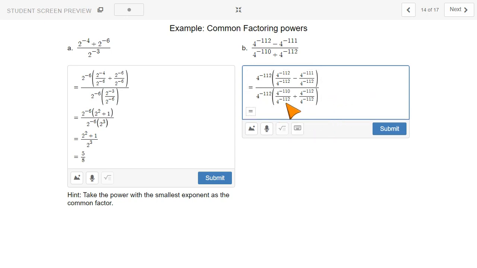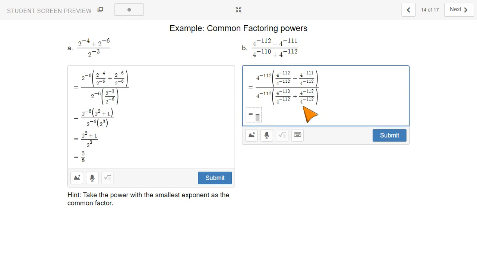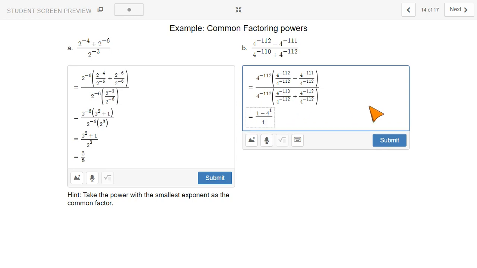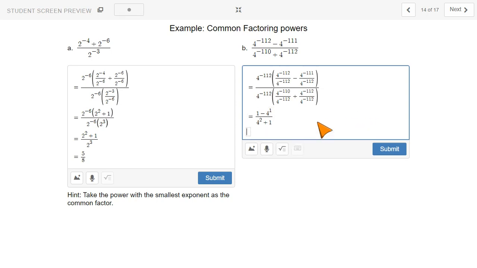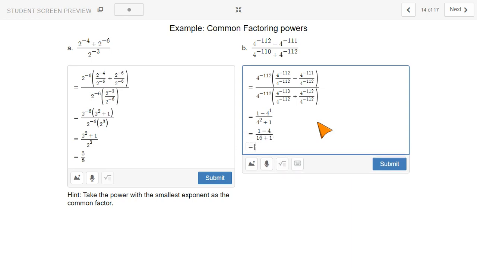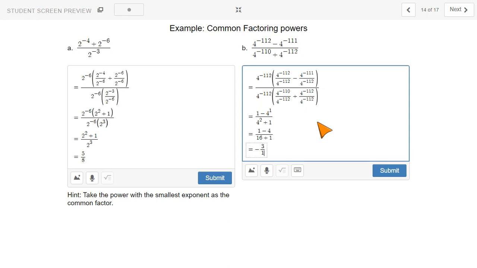Right, let's continue. These two divide out, so we're just left with our numerator and denominator. 1 minus 4 to the power of 1, and the denominator, 4 to the power of 2 plus 1. Let's keep simplifying. So I have 1 minus 4 and 16 plus 1, negative 3 over 17.